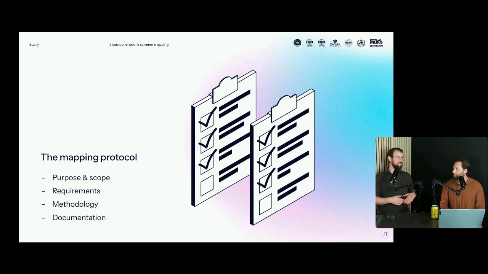Exactly. And now that we are talking about the protocol, it's so important to be able to show auditors that you knew what your requirements were before you started the mapping exercise. We've seen a few cases with customers actually getting deviations because they did not know their requirements in advance of the mapping exercise.